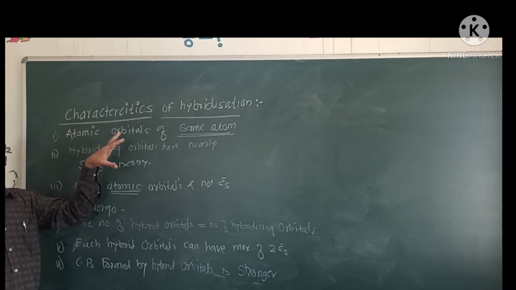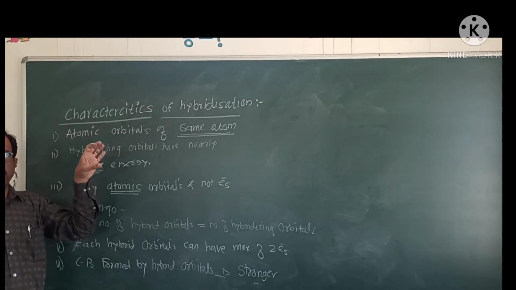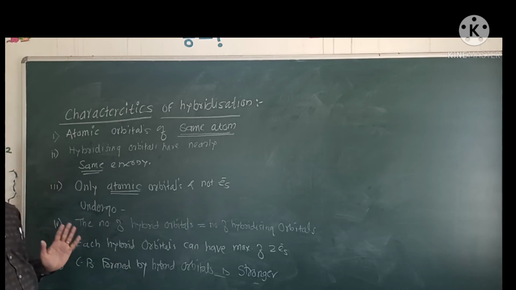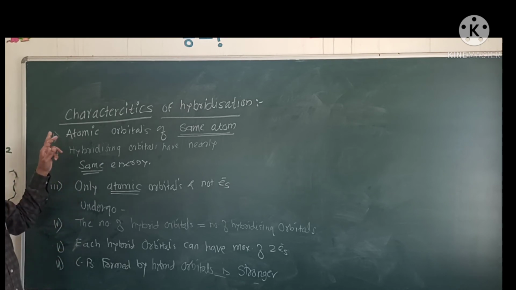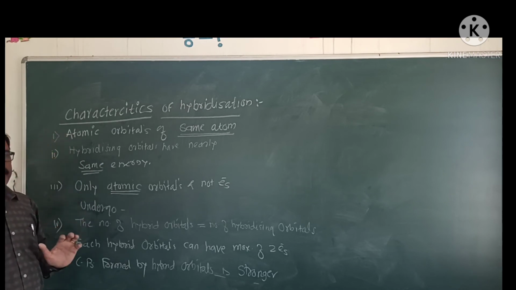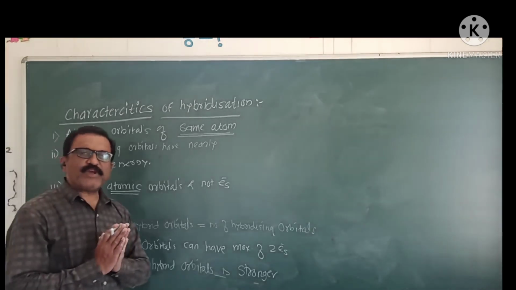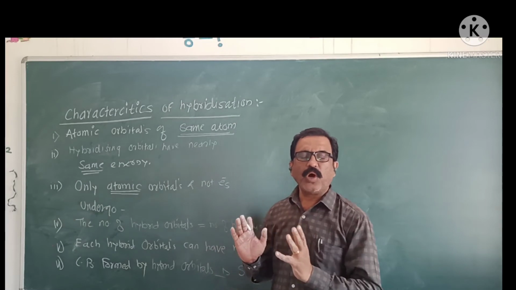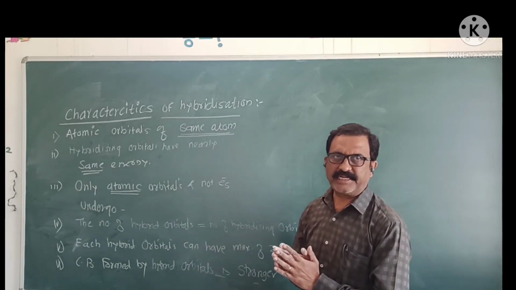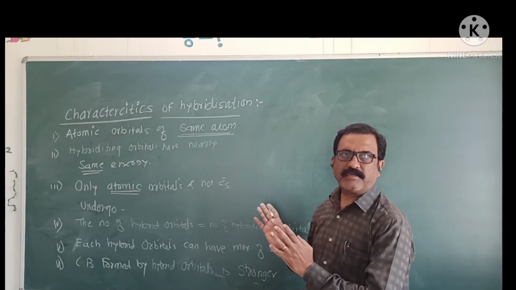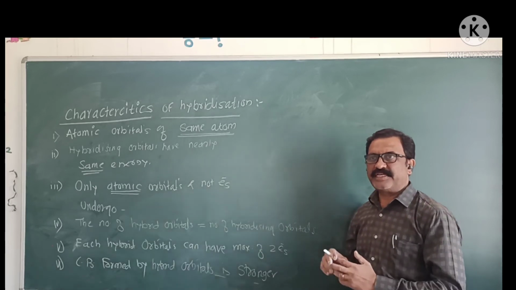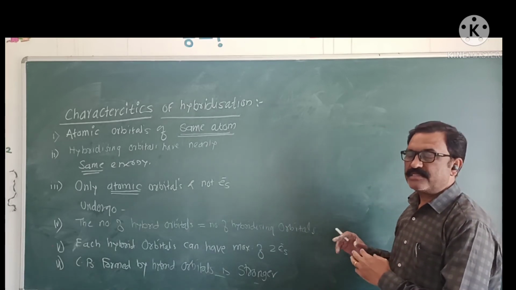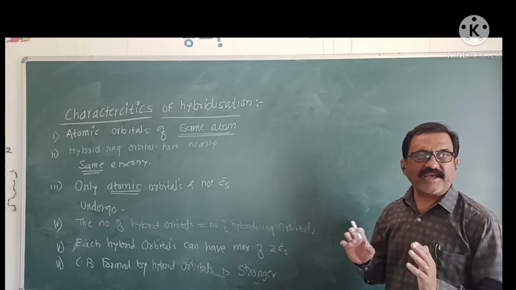Characteristics of hybridization, that is, features or important points of hybridization. During hybridization, atomic orbitals of the same atom undergo hybridization. That is, one orbital of one atom and a second orbital from a second atom, such behavior will never happen.